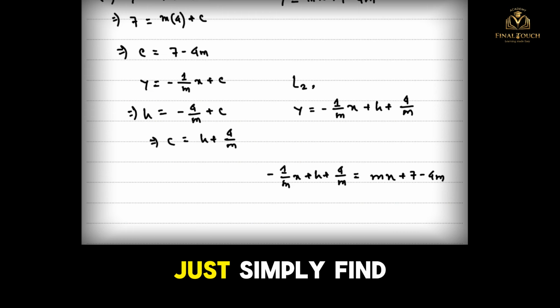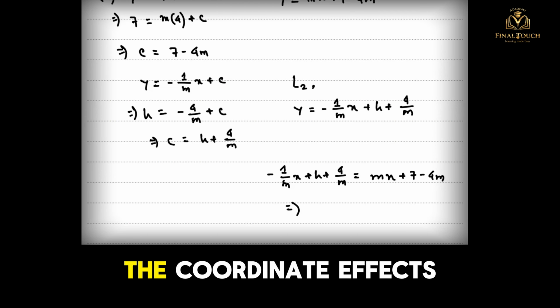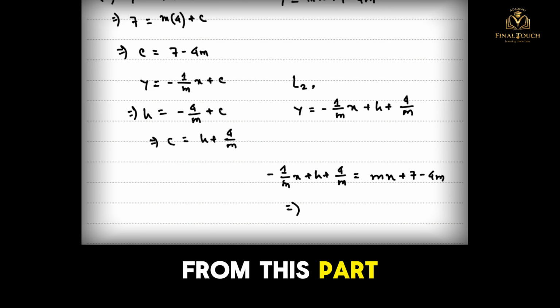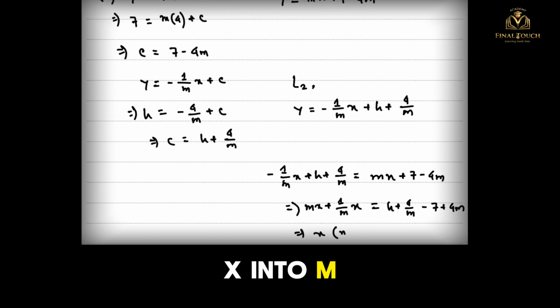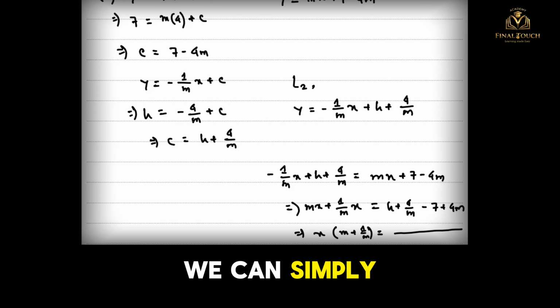So we can simply find the coordinate of x from this. mx plus 1 by m x equals k plus 4 by m minus 7 plus 4m. x into m plus 1 by m. We can simply do some LCM here.